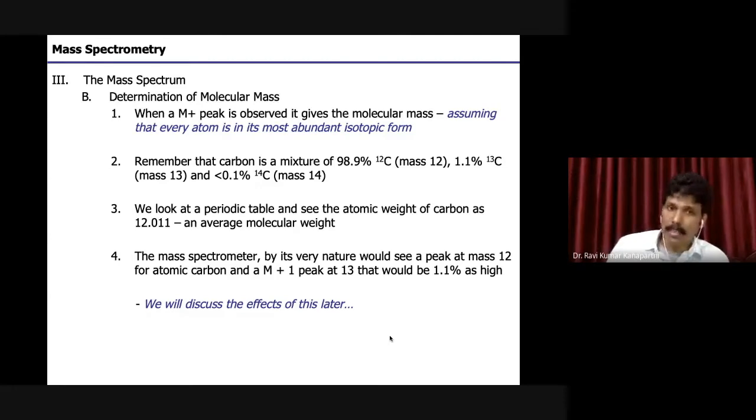Please remember that, this is important. Similarly, hydrogen, chlorine and nitrogen also have relative abundance. The M+1 peak is mainly contributed by atoms like carbon and also hydrogen, because carbons and hydrogens contribute to the M+1 peak, which we will discuss.